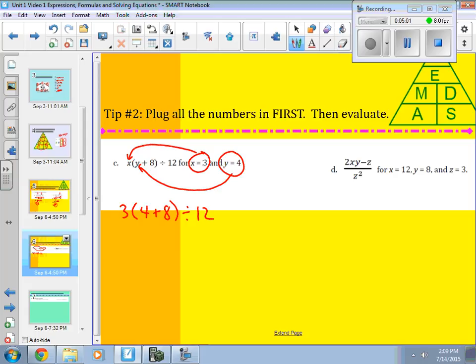Start with parentheses. If we add those two numbers up, we get 12. Now we want to go to multiplying and dividing. Now we have both happening at the same time. So if we have both multiplying and dividing here, work left to right. So 3 times 12 is 36. Divided by 12, the answer looks like it's 3. Okay, why don't you pause it, try D, and see what you get.